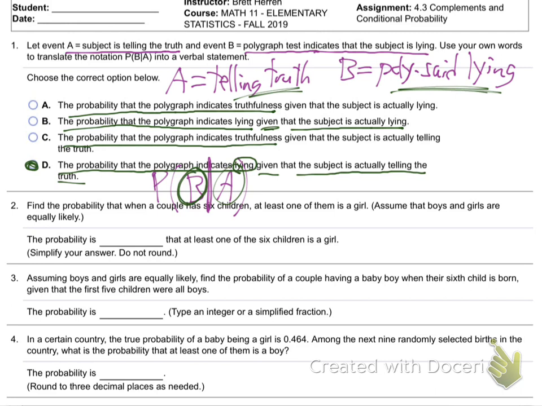Let's go on to number 2. Number 2. Find the probability that when a couple has 6 children, at least one of them is a girl. We would hope so. So, 6 children, at least one of them is a girl. How do you figure that out? So let me write it here for you. Number 2.